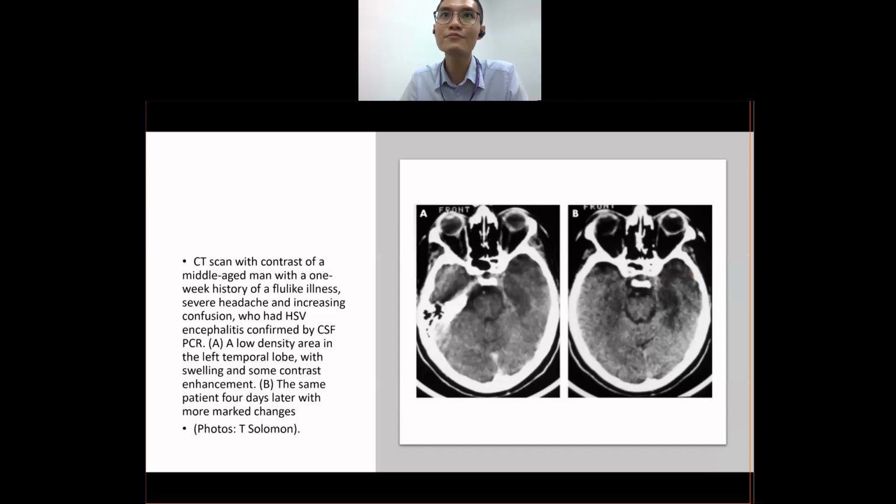So in the medial temporal lobe, there is an area of hypodensity. The medial temporal lobe is a favorite spot for HSV. So if you see hypodensity here, the most likely pathogen you are dealing with is probably herpes simplex virus. So the location of the brain involvement can sometimes give you a clue.